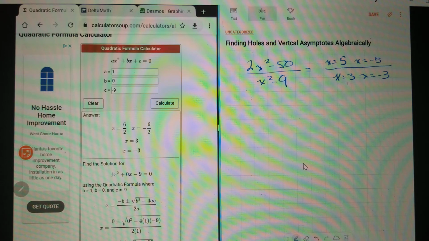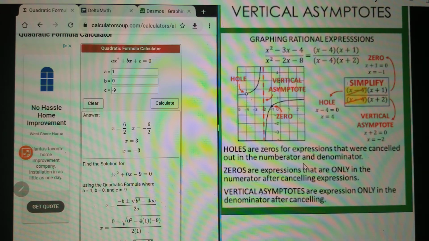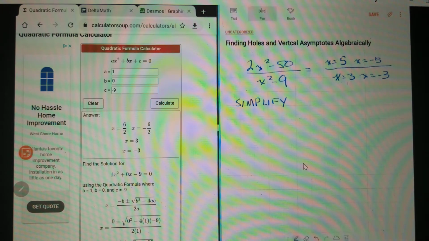Our next step is to simplify. If you remember, we were looking for whether it is possible to cancel things out between the numerator and the denominator. Here we find nothing to cancel. So you have x subtract 5 and x plus 5 in the numerator.